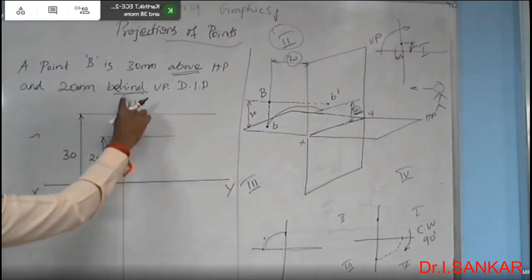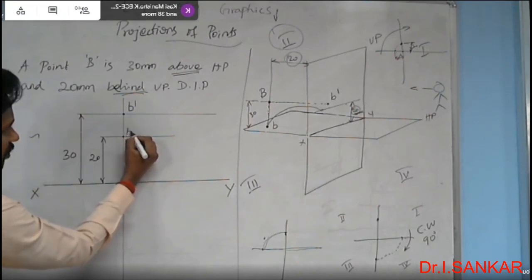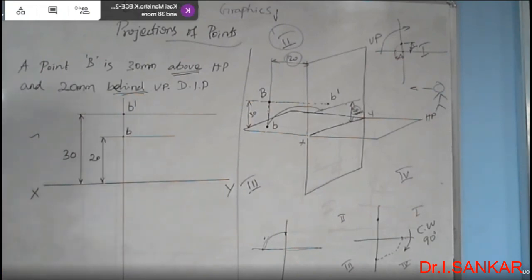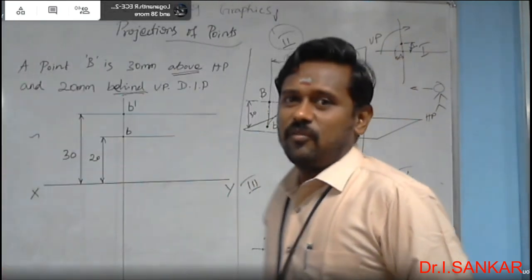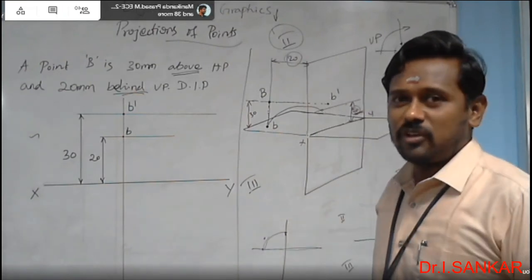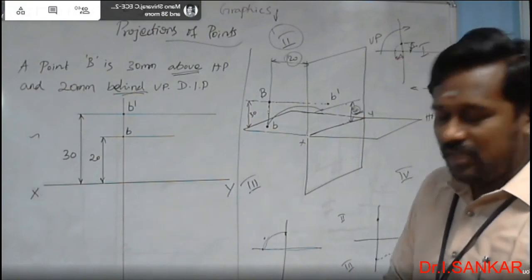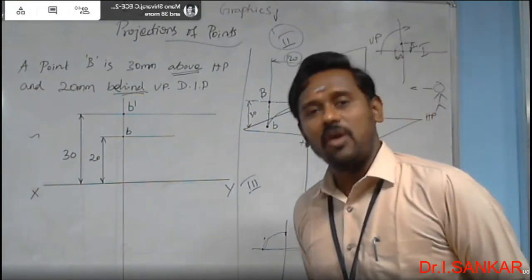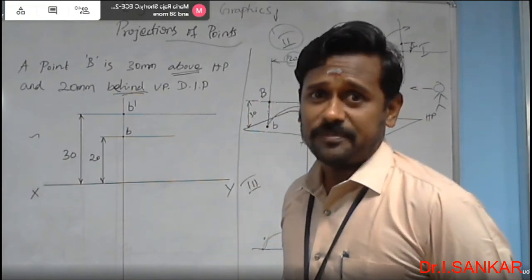Meanwhile, in the projector of B dash, you can mark the point B. Point B is nothing but the top view of the object. In that way, we can draw the front and top views of the object if it is located in the second quadrant. In any question, first you have to identify the quadrant. Thereafter, you can proceed by the usual procedure.